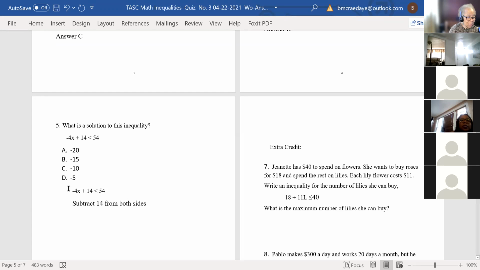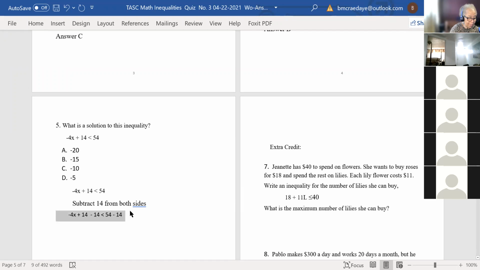All right, so let's do that. Subtract the 14 from both sides. Put minus 14 on the left, and minus 14 on the right. Okay, what do I have on the left side, Maureen? 4x.